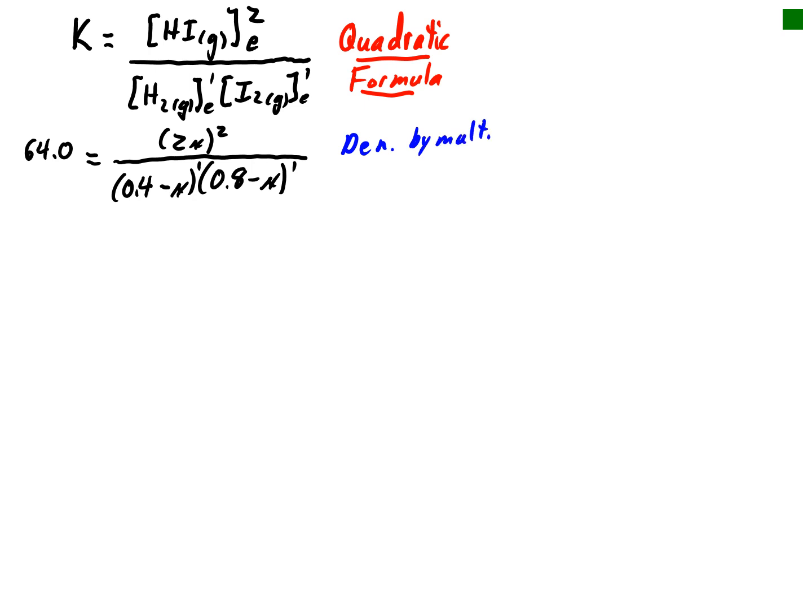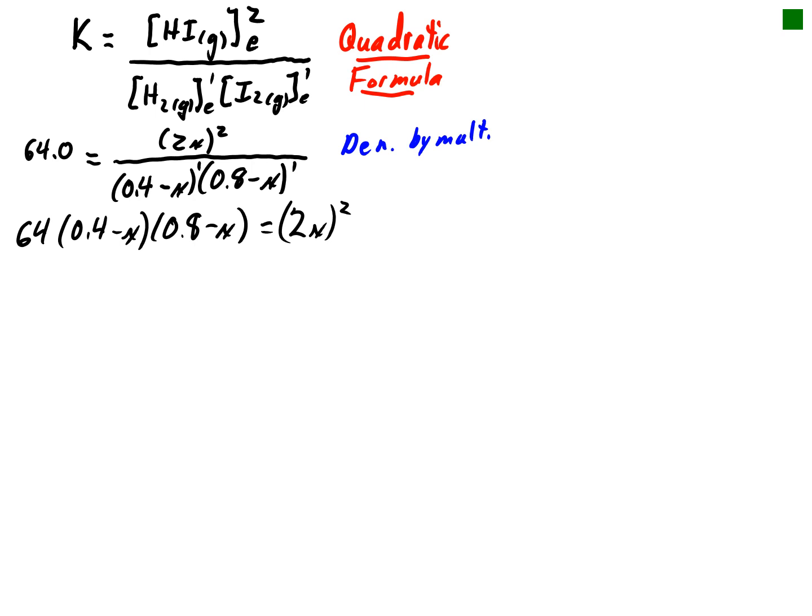And so I'm going to multiply the entire expression by both pieces of that denominator. So I'm going to get 64 bracket 0.4 minus x and 0.8 minus x equals 2x quantity squared.